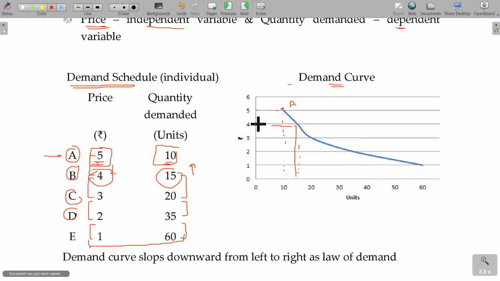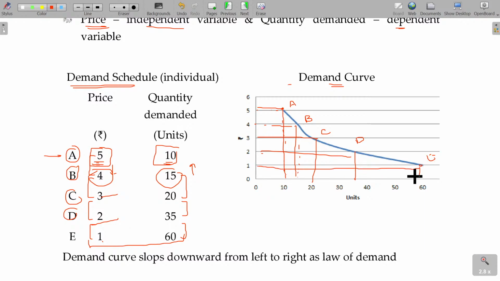And for 3 and 20, for 2 and 35. So that's how we can connect the points. This is point B, this is point C, this is point D. And when it comes to E, 1 rupee and 60. This is E. So all these 5 points are connected to draw the curve here. That is called the demand curve.